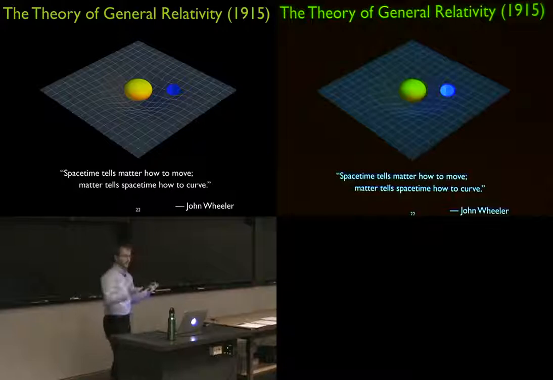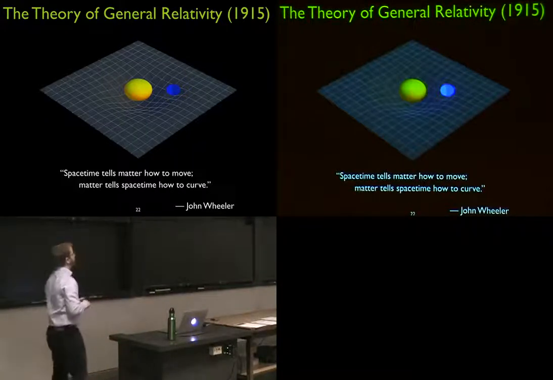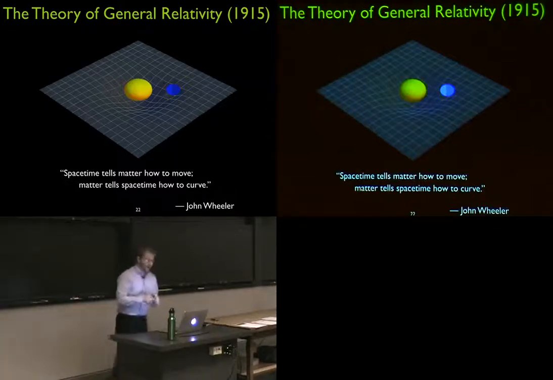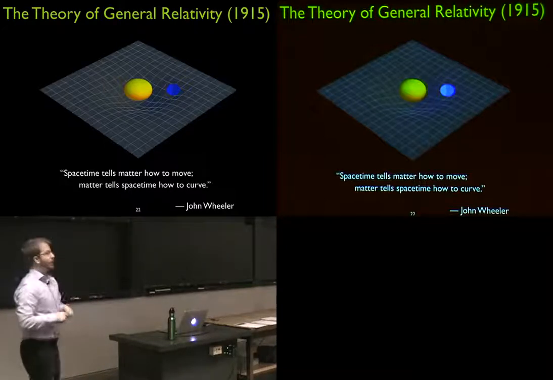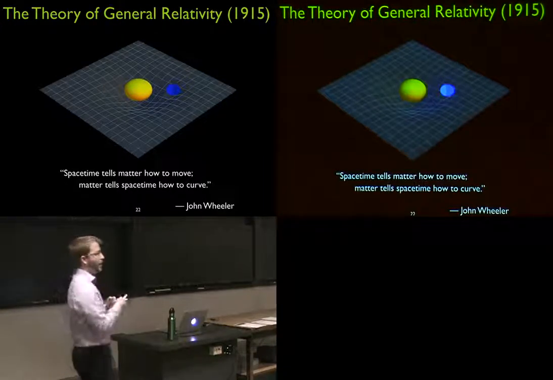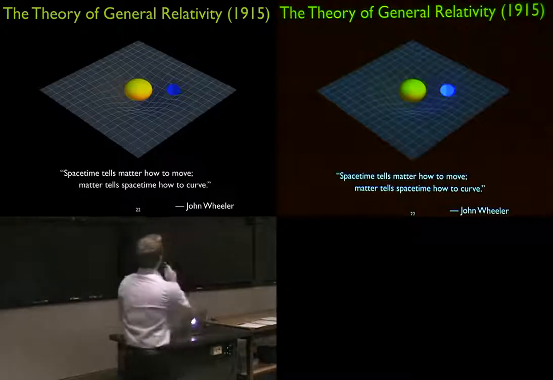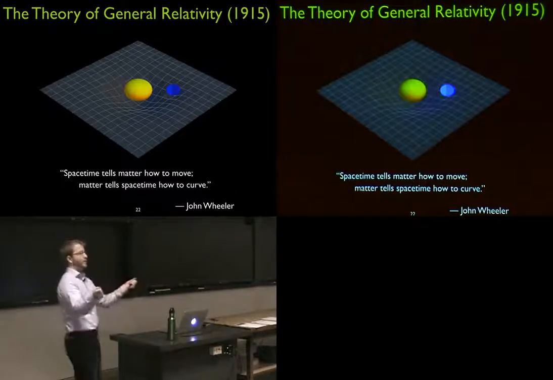And that's when he finally put forward this idea of a geometric description of gravity in a completely mathematically consistent way. And so a nice one-liner from John Wheeler that describes general relativity is that space-time tells matter how to move, and matter tells space-time how to curve. So you can think of space and time as this fabric sheet in 2 dimensions.